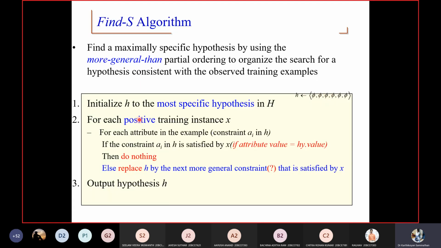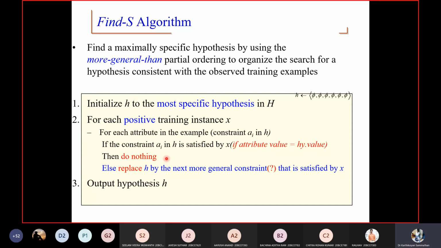Now, whenever a positive training example is coming, I need to take each attribute in the example and check whether my attribute value is equal to the hypothesis value. If both are matching, then I need not do anything. Simply you do nothing.